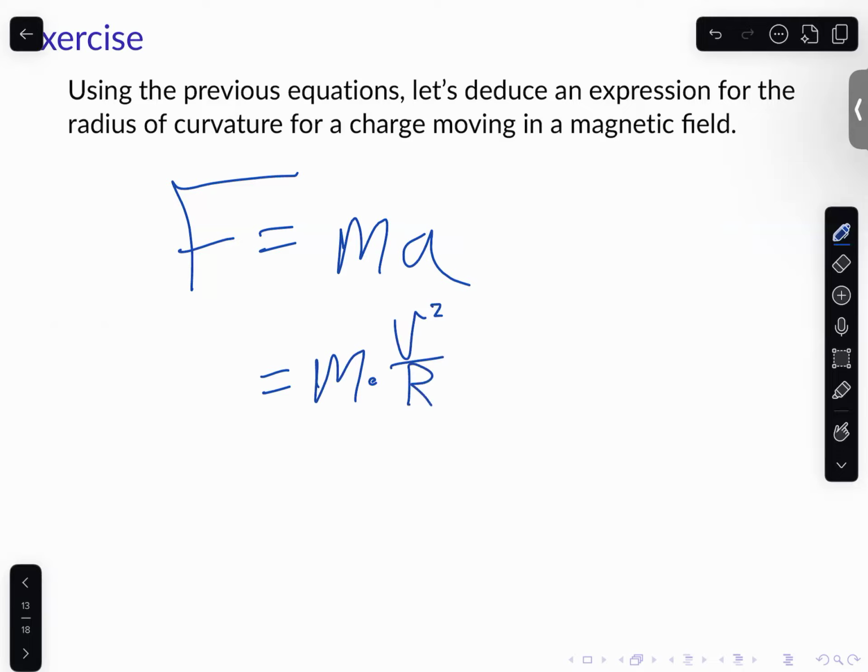Bada bing, bada boom. I'm going to deduce everything I want from this. And what's the force of magnetism? Assuming they're at right angles, qvB.